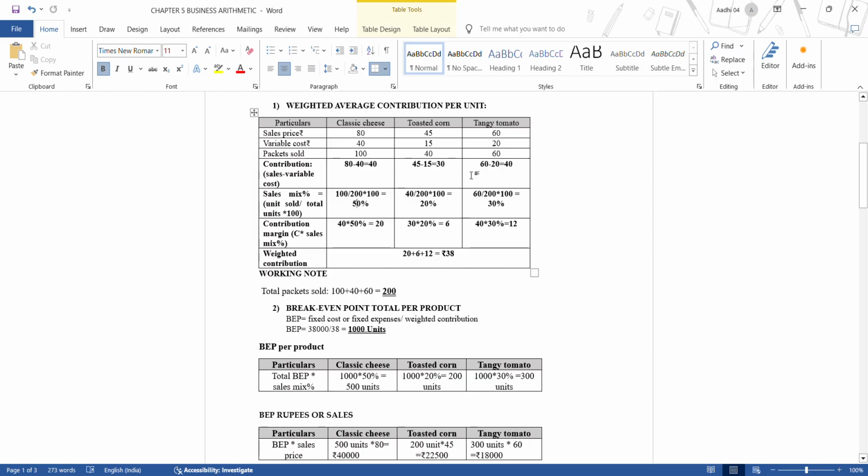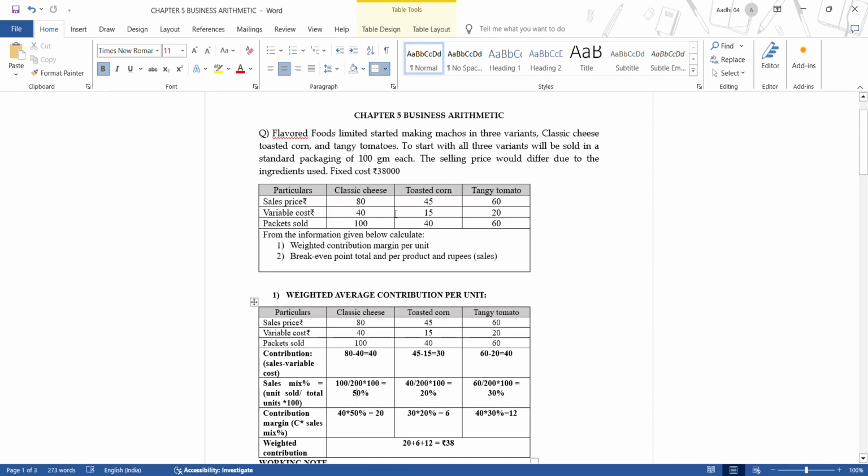The formula for finding contribution margin is contribution into sales mix percentage. Once you find contribution margin, you have already arrived at the first answer. Now all you have to do is add all the three to find the weighted contribution. So weighted contribution is the sum of contribution margin. I hope that is clear.